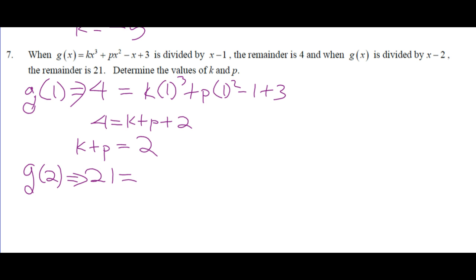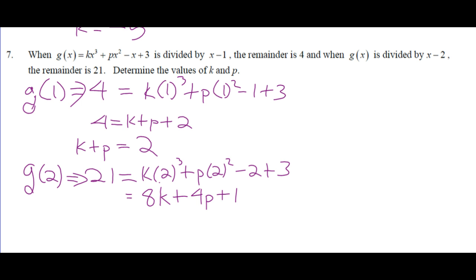So g of 2 we know is 21, which is equal to k times 2 cubed plus p times 2 squared minus 2 plus 3. Okay, that's 21. So what can I say about 8k plus 4p? Equals 20. Divide that by 4 and substitute it.